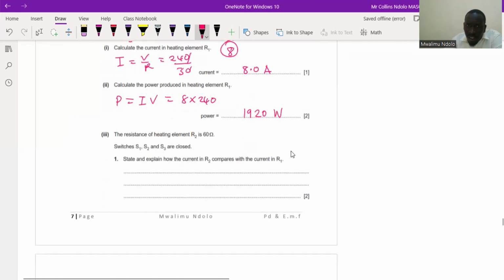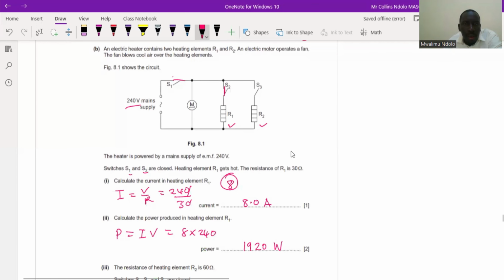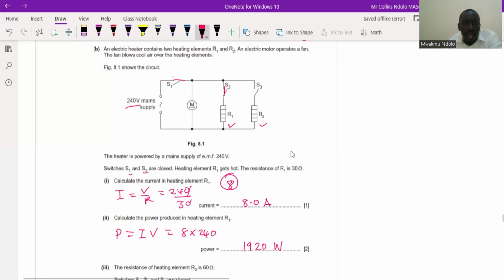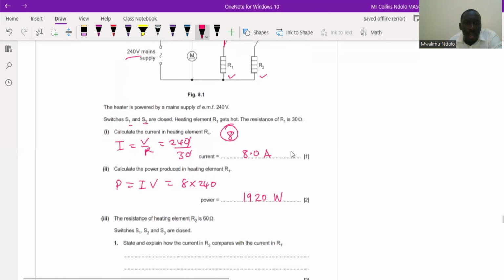The resistance of heating element R2 is 60. Switches S1, S2, S3 are closed. Explain how the current in R2 compares with the current in R1. So if all of them are closed, of course, you look at the resistance. The resistance of R2 is greater than the resistance of R1.